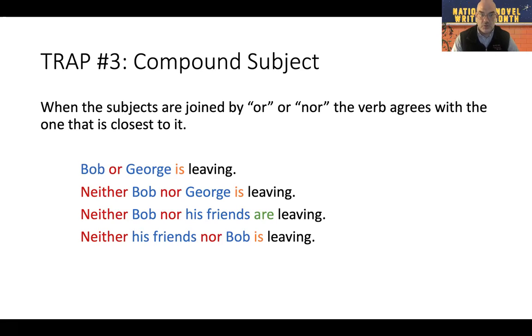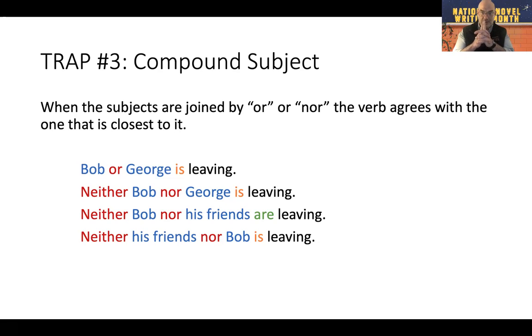So here is the rule. When subjects are joined by "or" or "nor," the verb agrees with the noun closest to it. And we do this for a couple of reasons. "Or" is not additive. So if you have two singulars, Bob plus Tom, then those two things together equal plural, all right?